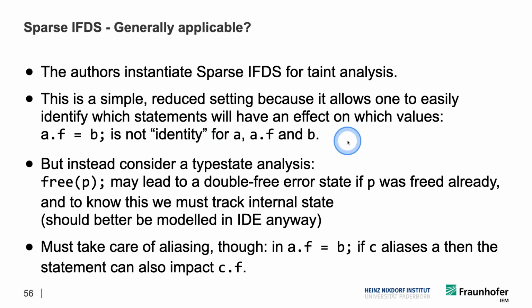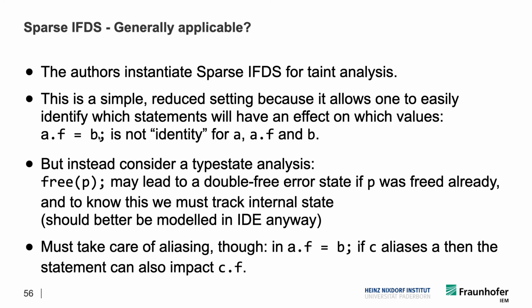In the approach, you need to be able to identify what effects a flow function has on which values in the first place, right? So, for instance, you need to know that this is not an identity function for the access paths A.F and B, right? And you can do this easily for taint analysis because you can just look at the statement, you know what the taint analysis does here, and you know that it has an effect only on these values, okay?